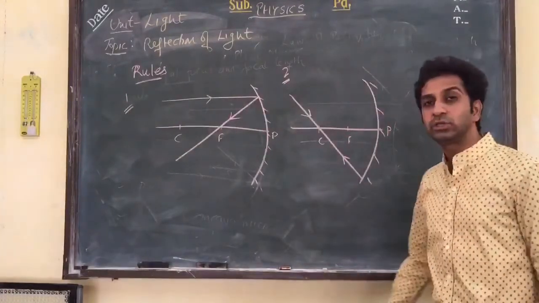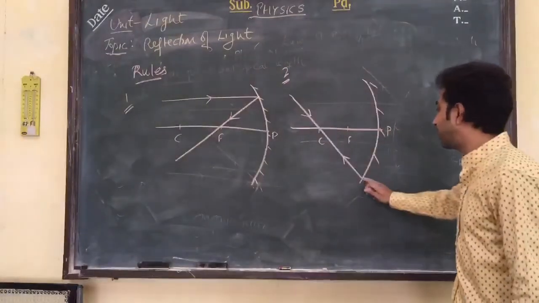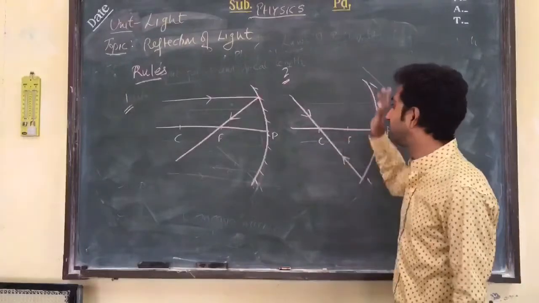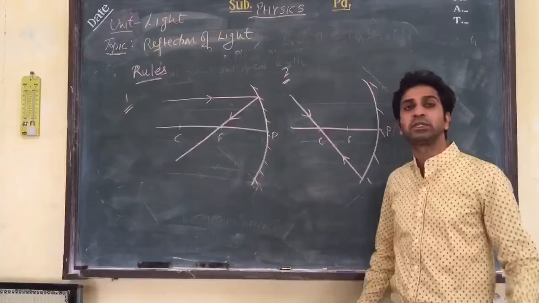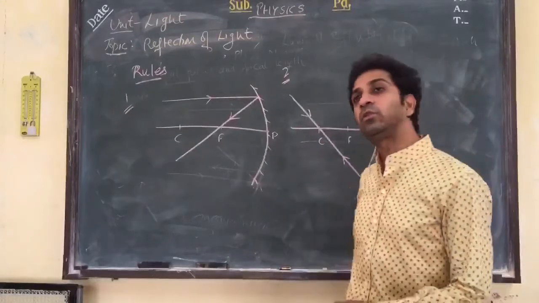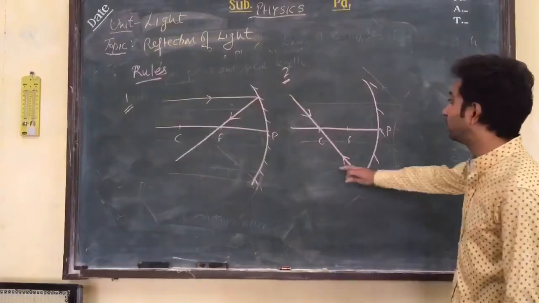Because I equals 0 and R equals 0. So it makes the ray of light retrace its path back along the same path. So this is the second rule. If you are taking some ray that is passing through the center of curvature, then it will retrace its path along the same manner. This is rule number 2.